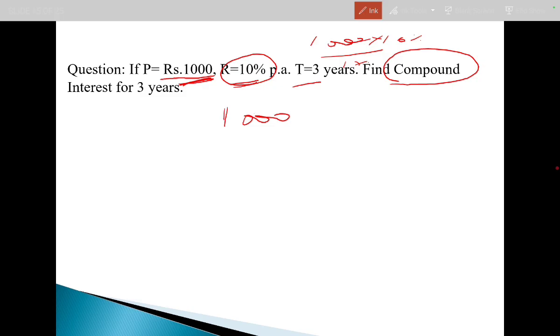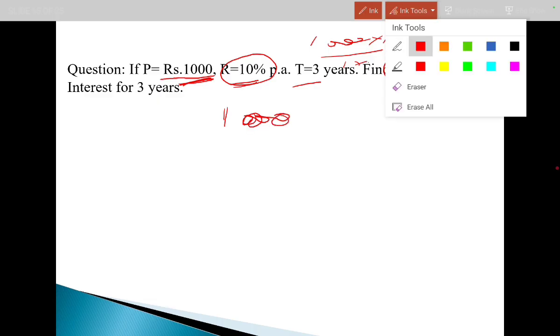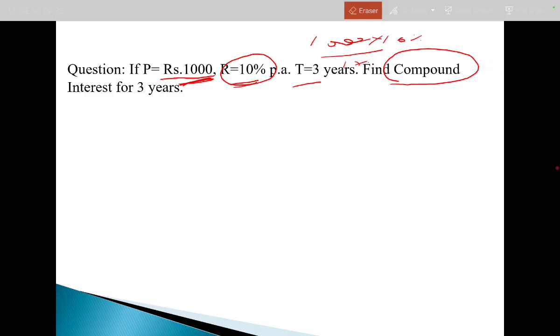Okay, let me erase this first. Just a second. Let's say it's the first year. In the first year I'll get simply 10% of my principal as interest, that is 100 rupees, right? Now in the second year what will I get?